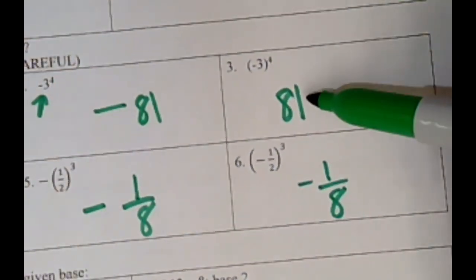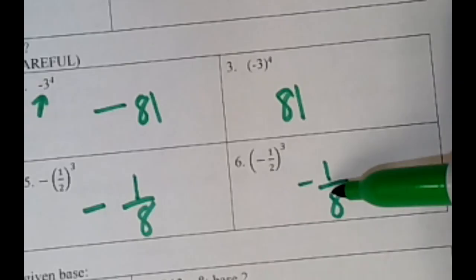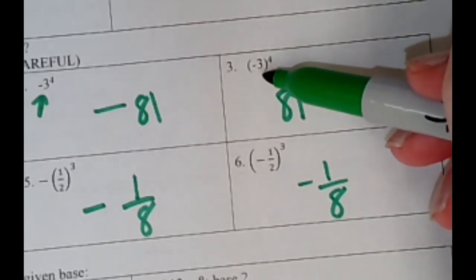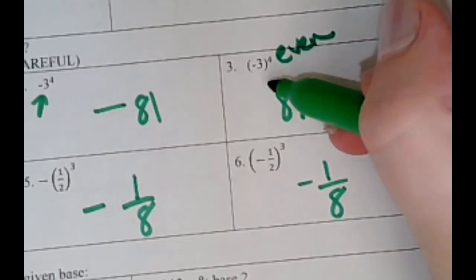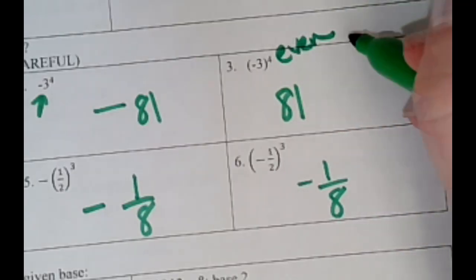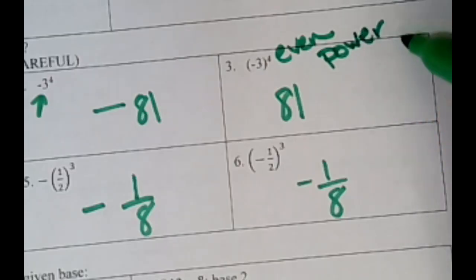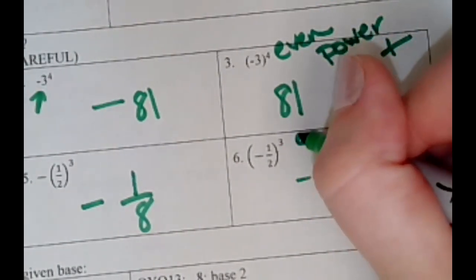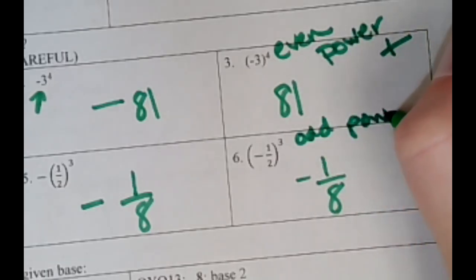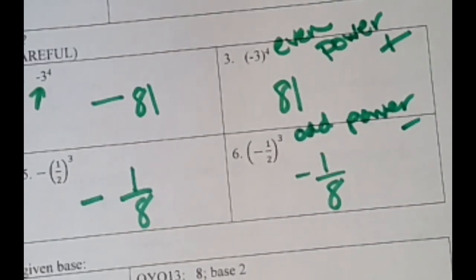So why is this one a positive answer and this a negative answer? Well, this one, you had a negative number raised to an even power. Anytime you have a negative raised to an even power, you will have a positive solution. Anytime you have a negative raised to an odd power, you will have a negative solution.